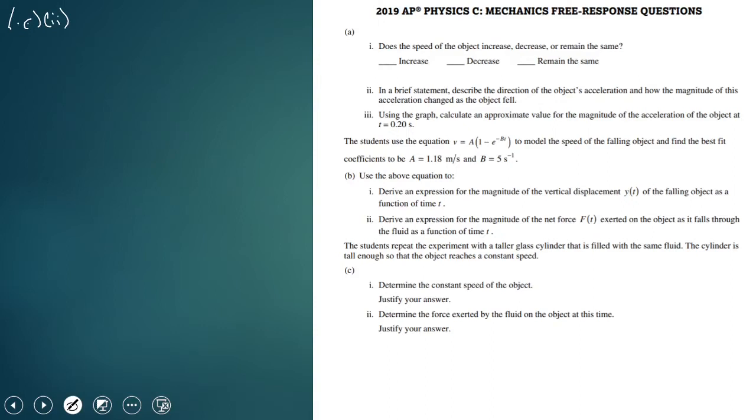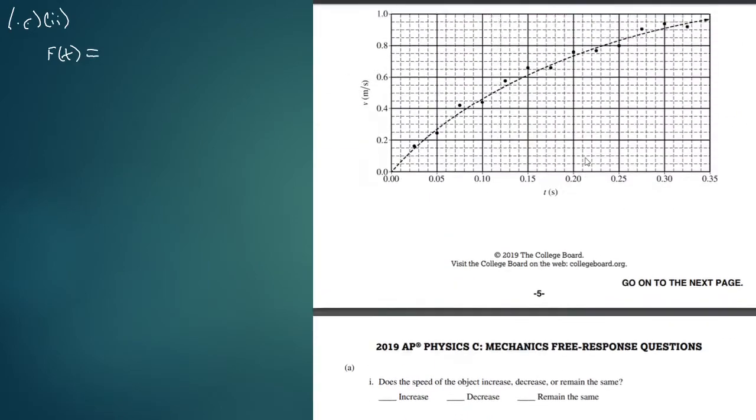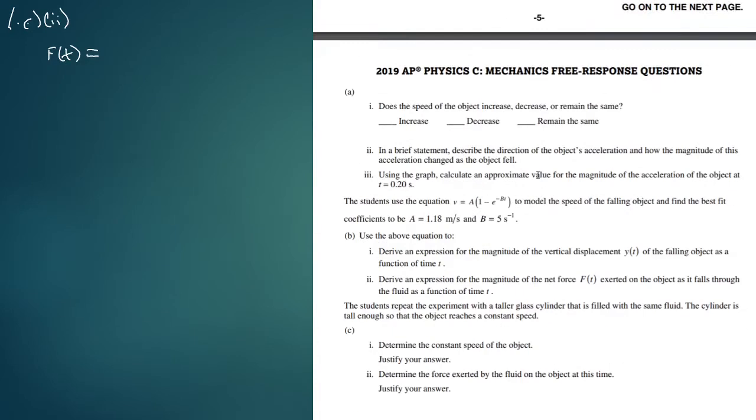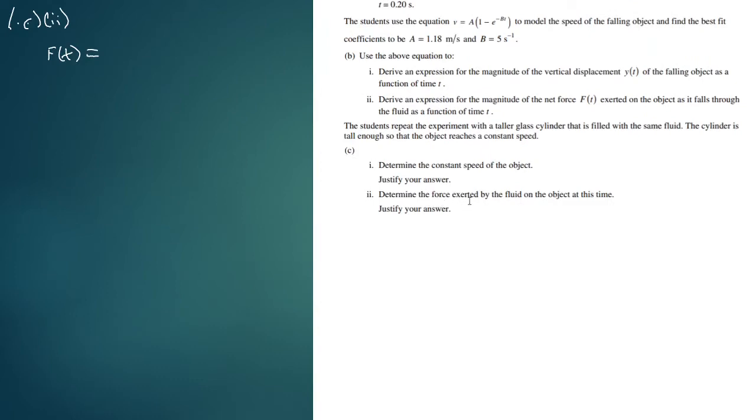And so keep in mind that originally what we had was F at t as being our net force based on the acceleration, right? So it's net force. But what exactly is our net force in this case? Well, if we look at the diagram, the question kind of gives it away, because it says the force exerted by the fluid on the object.